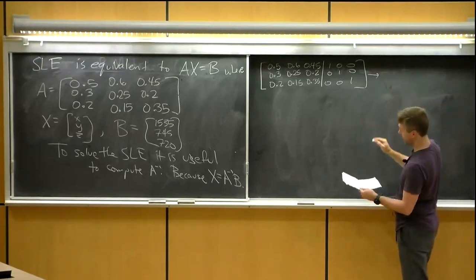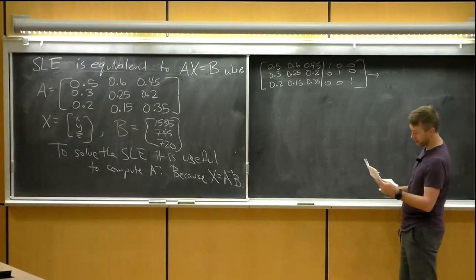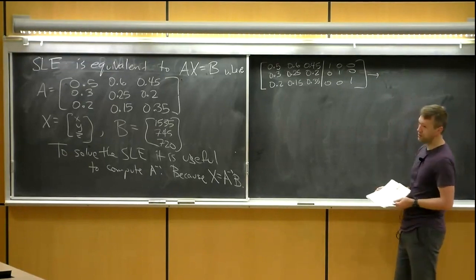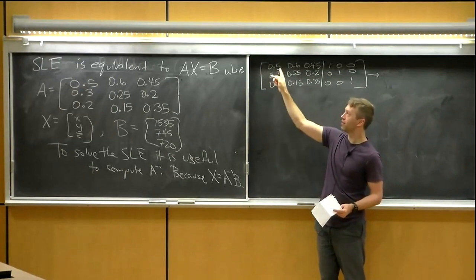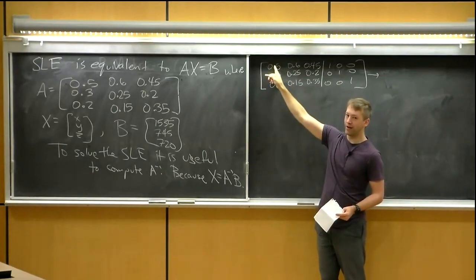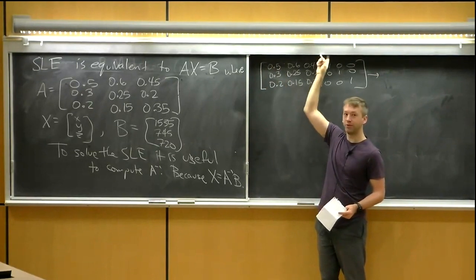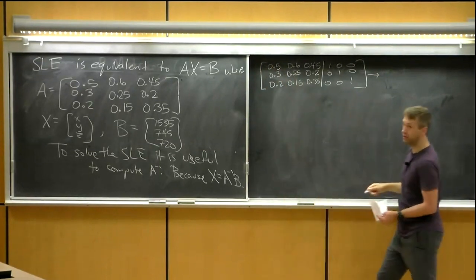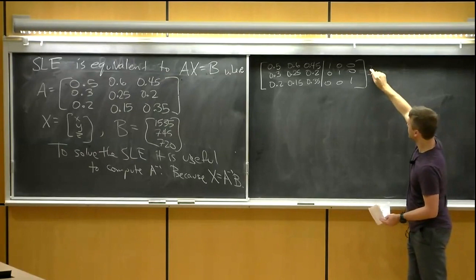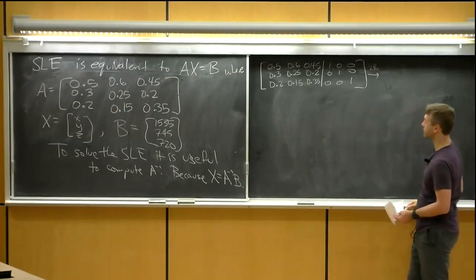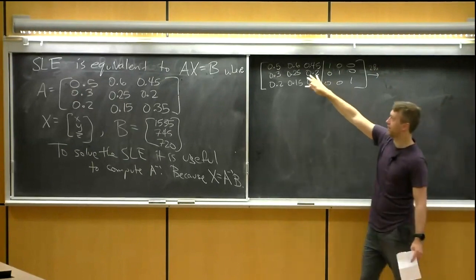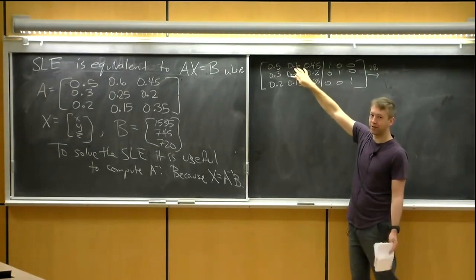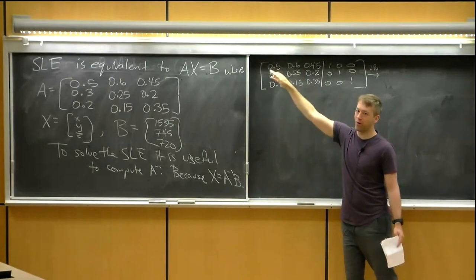I'm going to do two things at once. Remember, when we're doing Gauss-Jordan, we really want to get a 1 here. So I'm going to get a 1 here by multiplying this row by 2, since 0.5 times 2 gives 1. So I'm going to take 2 times row 1. It doesn't make these integers, but it gets me my 1 where I want it.